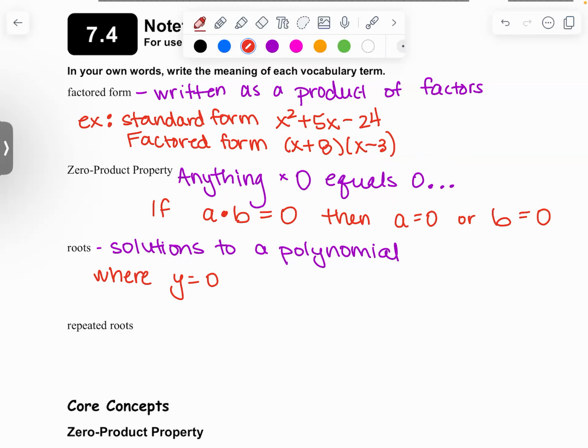Thing number 2, it's where we cross the x-axis. Those would be the solutions, aka the roots of our polynomial.